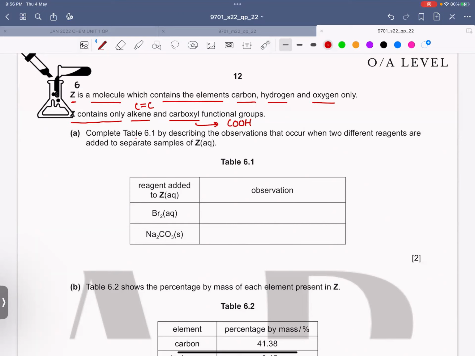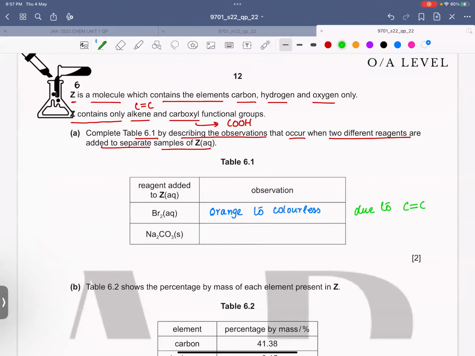Yes. Complete table 6.1 by describing the observations that occur when the two different reagents are added to separate samples of aqueous Z. So when we add bromine, bromine is of an orange or brown color. So on adding aqueous bromine, the observation would be orange to colorless or brown to colorless. You have to remember that this observation is due to the presence of a carbon-carbon double bond in the structure.